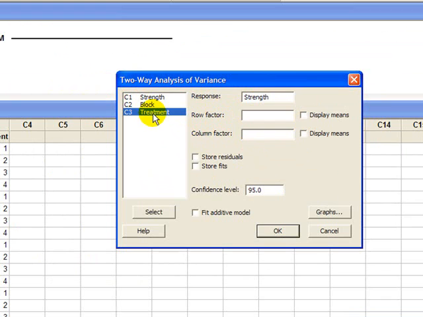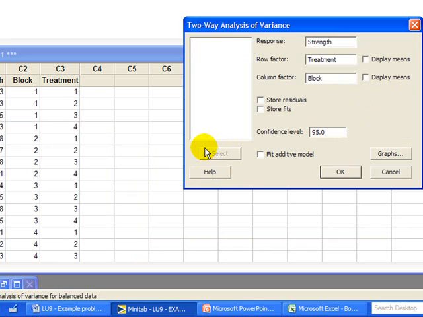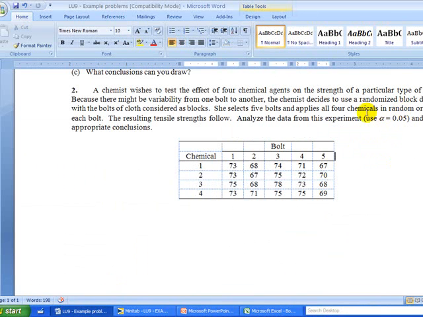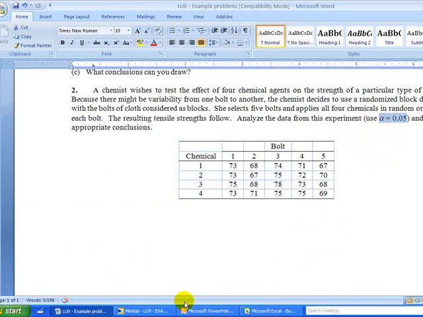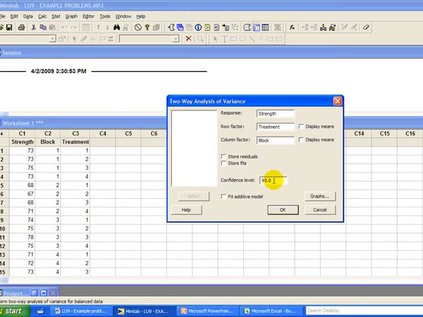But I'm going to select treatment as the row factor, and then I'm going to select block as the column factor, right? Next, we have been asked to use alpha 0.05, that means 95% confidence interval, that is right here.